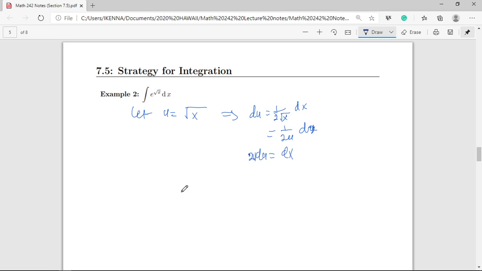And then I can now make the substitution. My integral becomes the integral of e to the u, and dx is 2u du. Now, how do I do this? Well, I can integrate by parts.